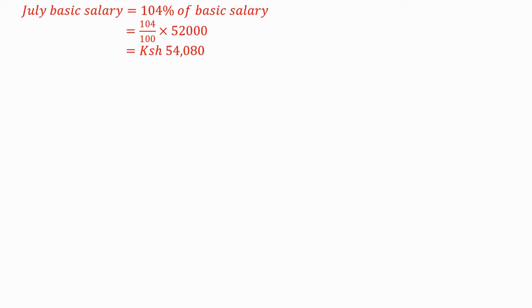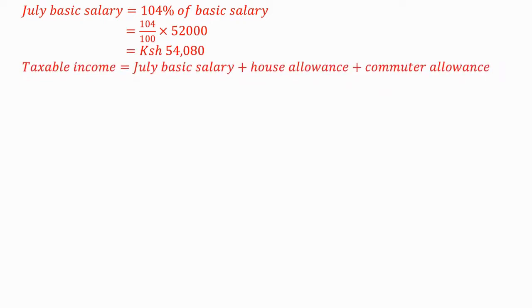Then, the taxable income in July was the July basic salary plus the house allowance plus the commuter allowance, which is 54,080 plus 7,800 plus 5,000, a total of 66,880. Then from this, we obtain the tax charge.